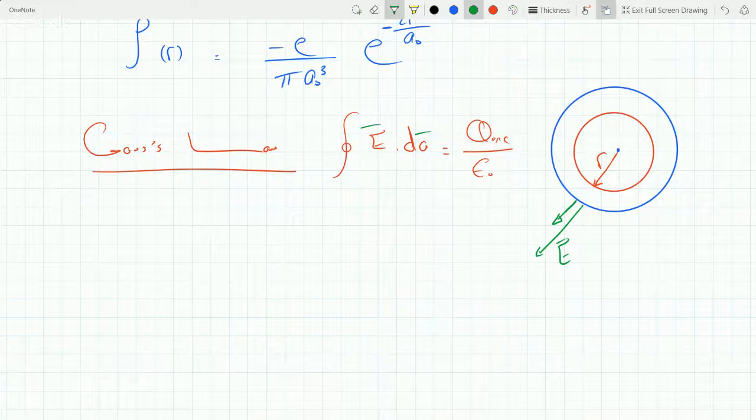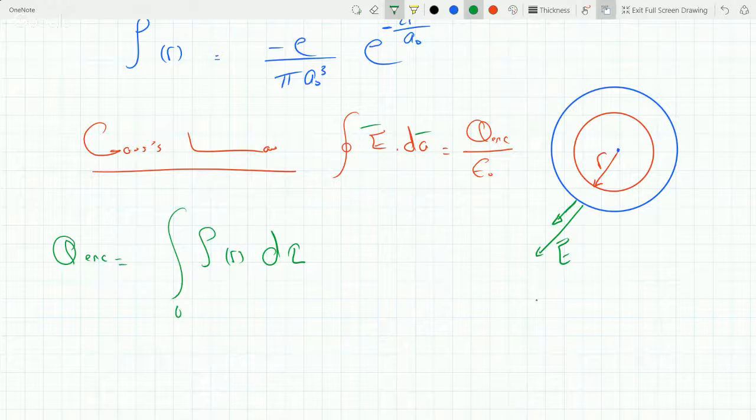So I need the amount of charge that's trapped inside that Gaussian surface, that red surface. I would have to integrate because the charge density distribution is not uniform. Therefore, Q enclosed will just equal the integral of rho d tau, and I would have to integrate from 0 to R, where R is the radius of my Gaussian surface.